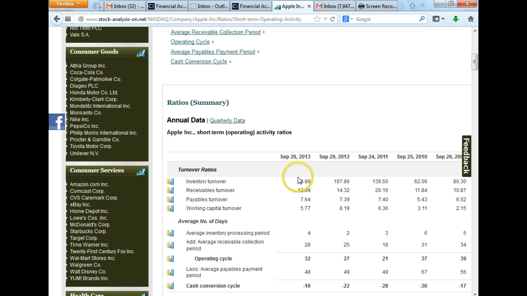Inventory turnover in 2013 was 97, which basically means inventory turned over every 3.5 days. Inventory here turned over roughly every 2 days. Do you see in 2010 inventory was at 62, so that turned over roughly every 6 days?